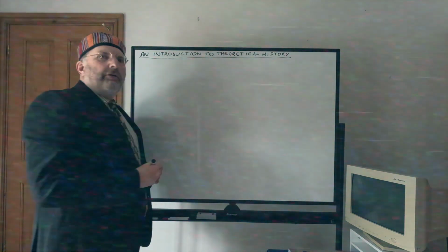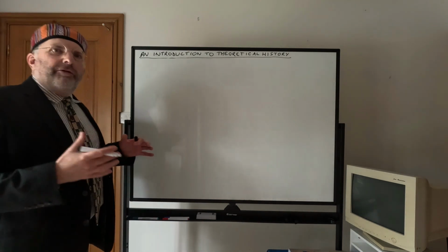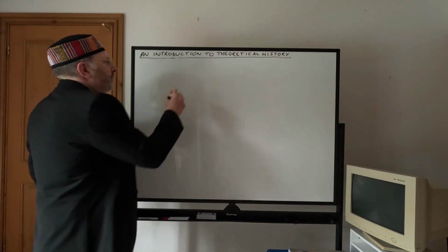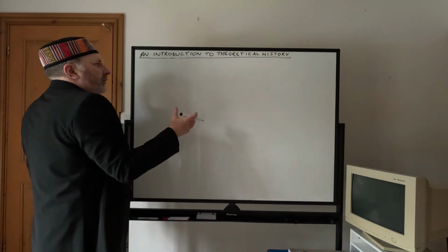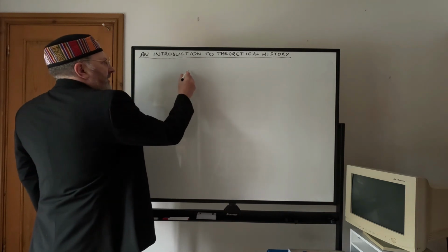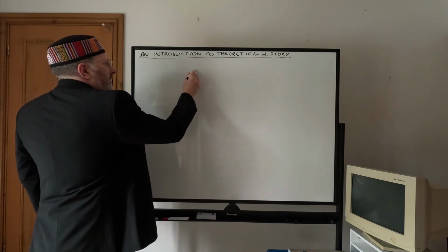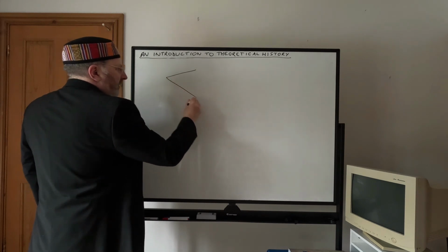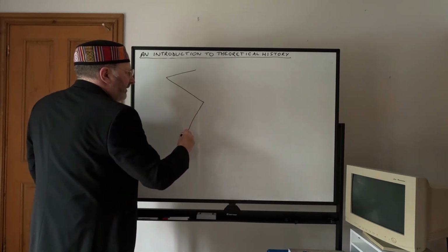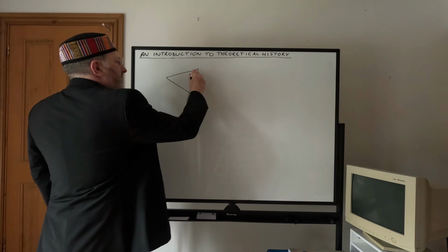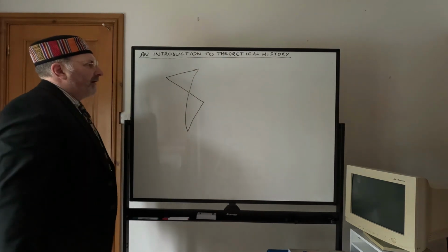And then the other thing I said you want to be able to do is to be able to draw a sketch of the world. So this is something you can sit down with, but if you want to do a very simple sketch, you can do the Americas, say, with a bit of a zigzag like this, and then go up there. So you've got North and South America.